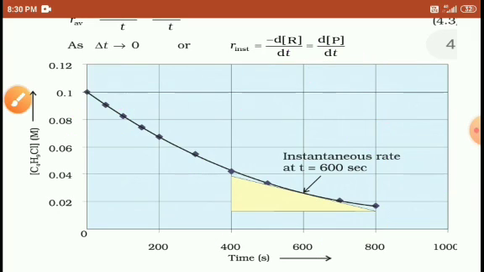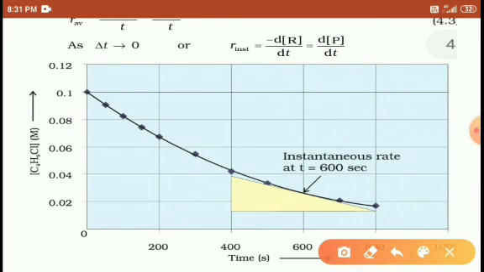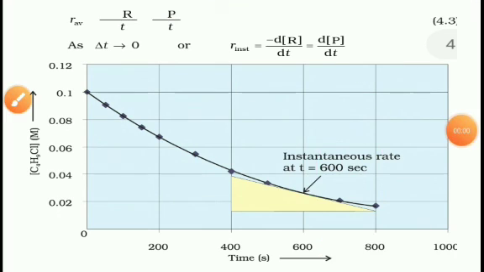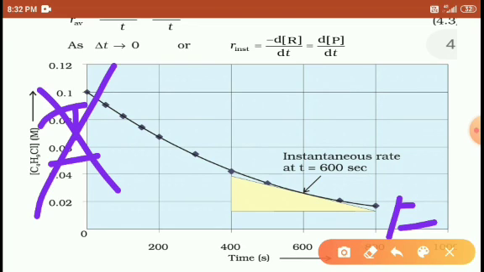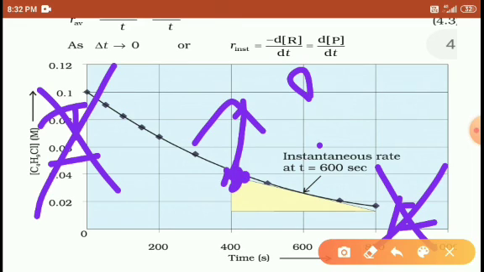Here the example is given at the time of 60 seconds. We are not considering the initial and final points. In the instantaneous rate we just consider any instant point and ask what is the rate of the reactant or the product.